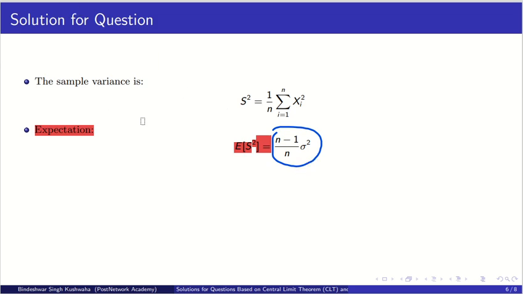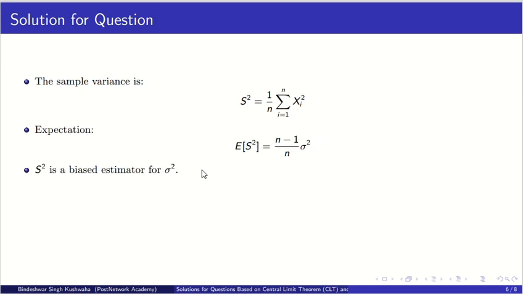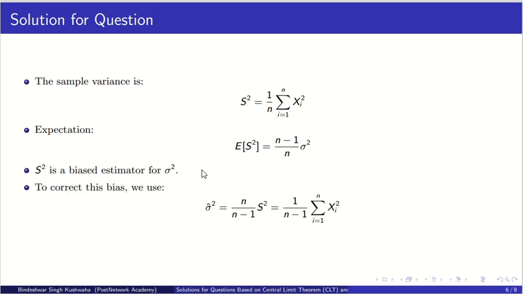So it is not equal to sigma square. That means sample variance is not an unbiased estimator of population variance. So that is biased for sigma square.